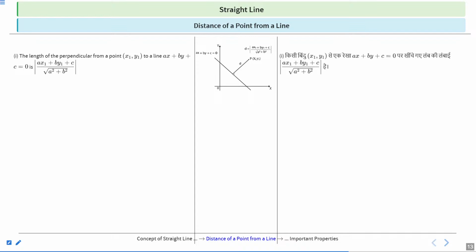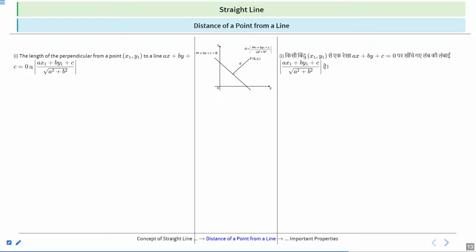Therefore, the distance of the point P from the line is the length of the perpendicular from point P (x1, y1) to the line ax plus by plus c equal to 0. Clear? The length of the perpendicular will be the absolute value of ax1 plus by1 plus c, upon the square root of a square plus b square.